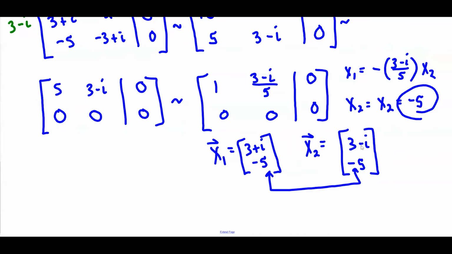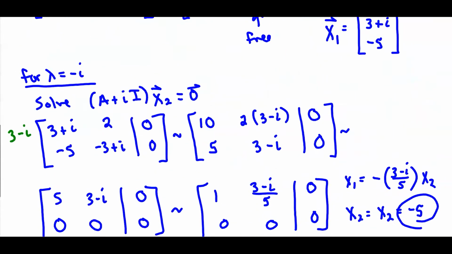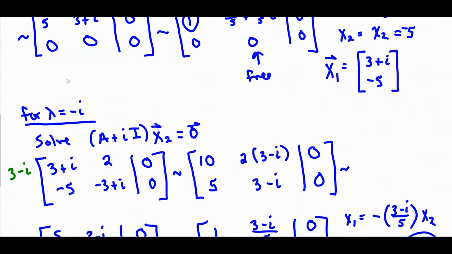So in actuality, we didn't necessarily need to do all this work from here down. Knowing what we know now, we're going to know what the other eigenvector is. And in fact, I'm going to show you that really all we need is this one eigenvector. We don't even need the other one at all. So I'm going to show you that next.